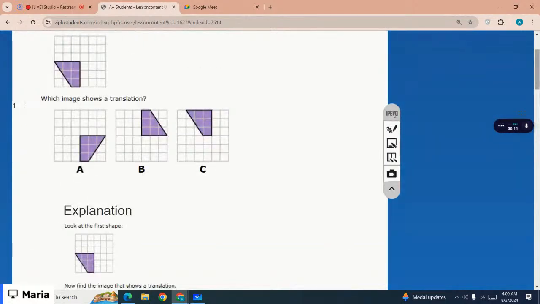If you look at the C part, the whole image is moved. So C is the translation. So basically you need to understand what is translation, rotation, and reflection. So the correct option is C, the translation.